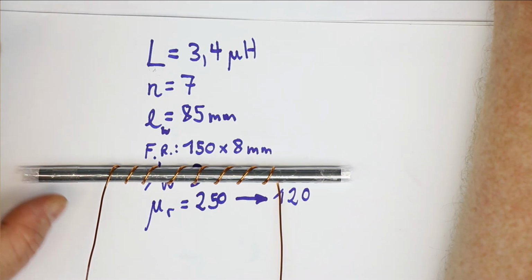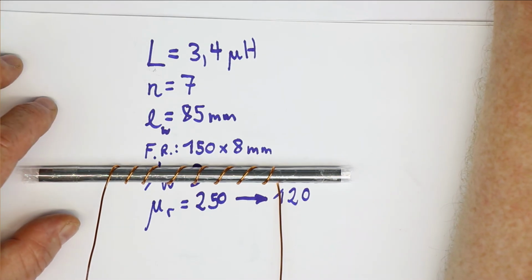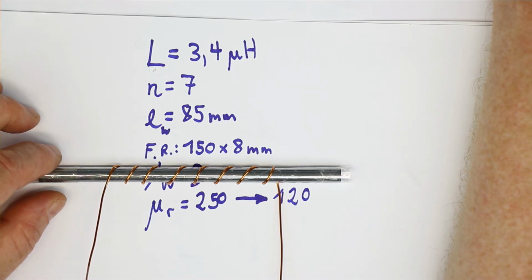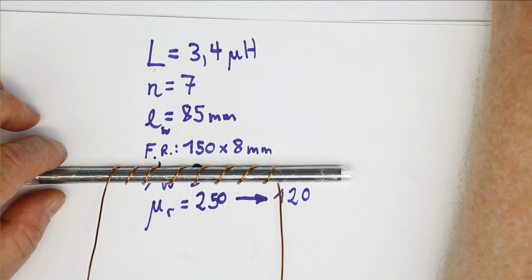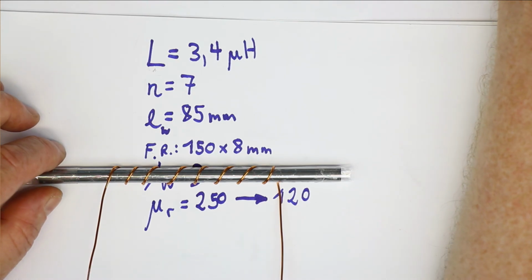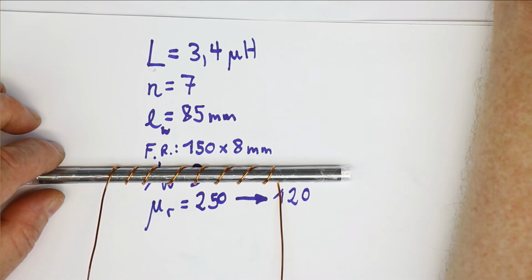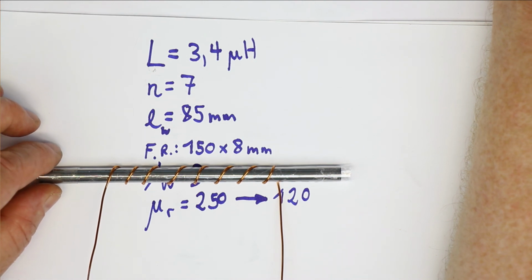So that was it for today. A little bit about theory and practice, about what you have to take care of when trying to use ferrite rods for the lower shortwave band. To sum it up, you have to use the right material.